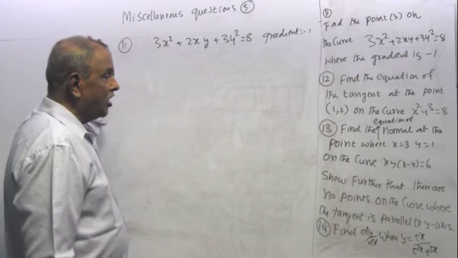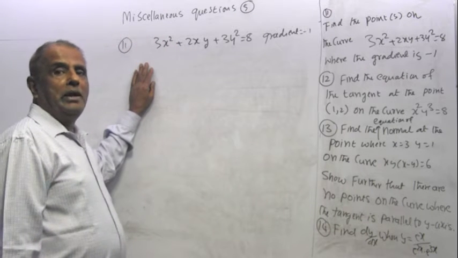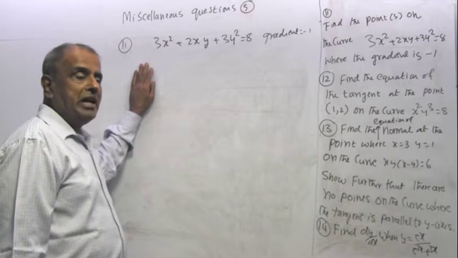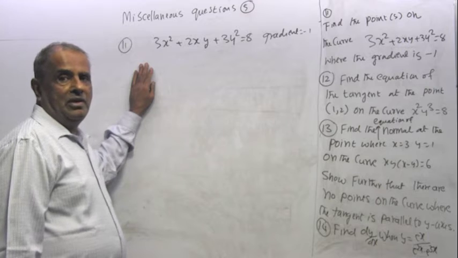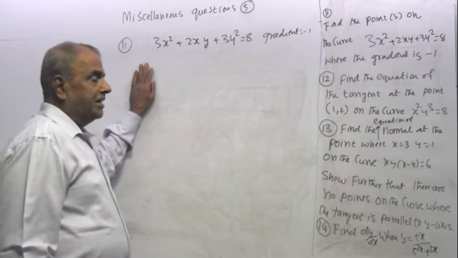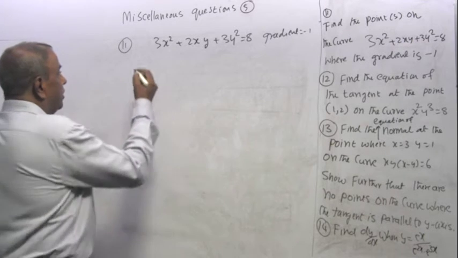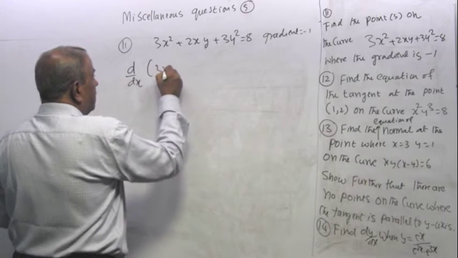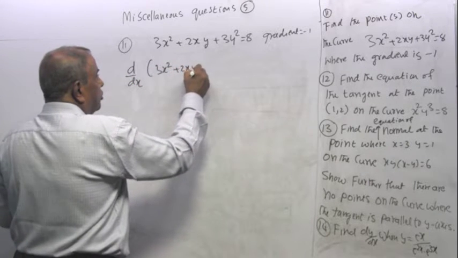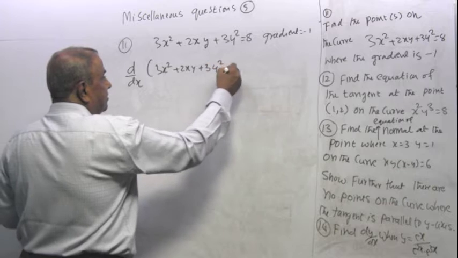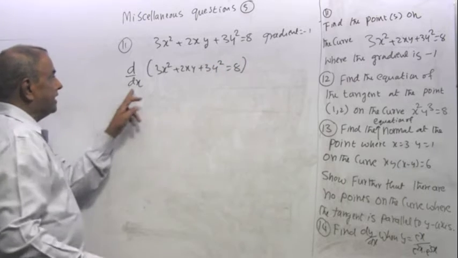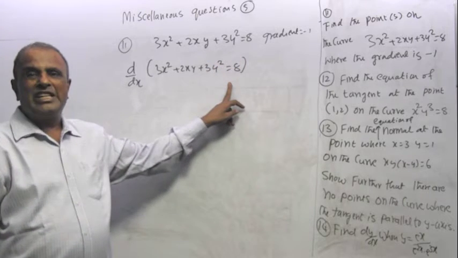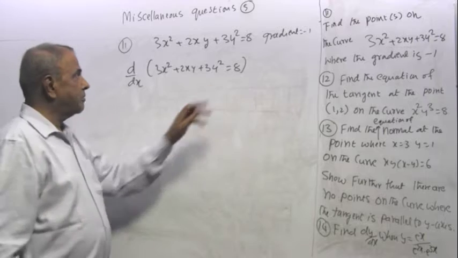The question is not y equal to, so please do not write dy by dx equal to. Don't write it, because then you will be wrong. I told you either you write differentiate with respect to x or you write like this. If you write like this, you are showing that you are differentiating with respect to x.